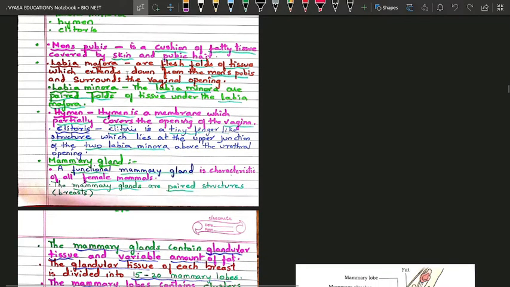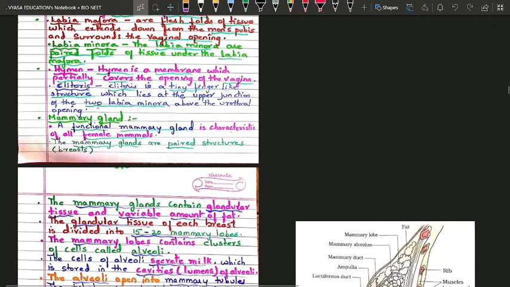Labia majora are fleshy folds of tissue which extend down from the mons pubis and surround the vaginal opening. The labia minora are paired folds of tissue under the labia majora. Hymen is a membrane which partially covers the opening of the vagina.